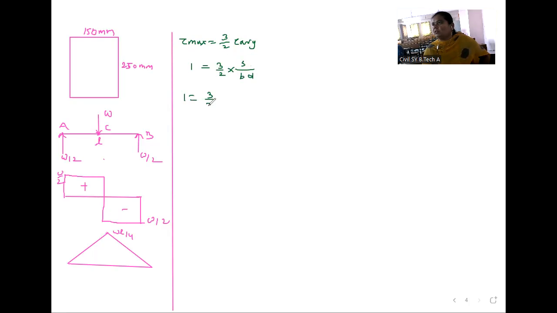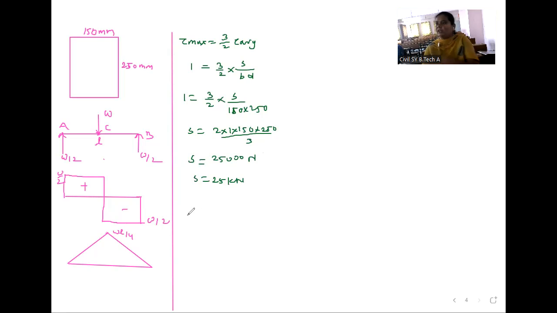So 1 equals 3 by 2 into S divided by 150 into 250. So S equals 2 into 1 into 150 into 250 divided by 3. Already you have calculated S, which is equal to 25,000 Newton, so S equals 25 kilonewton.